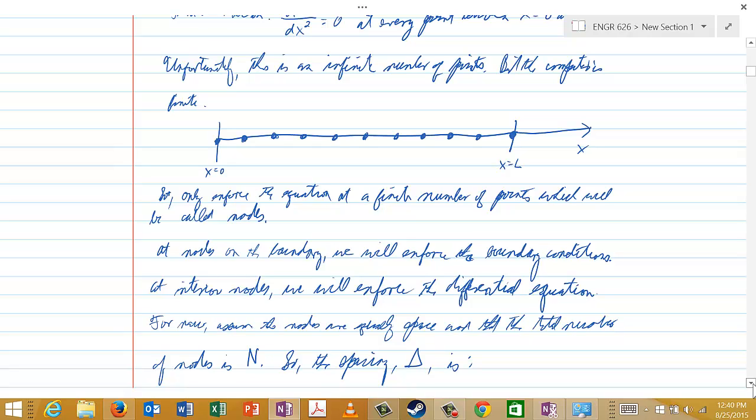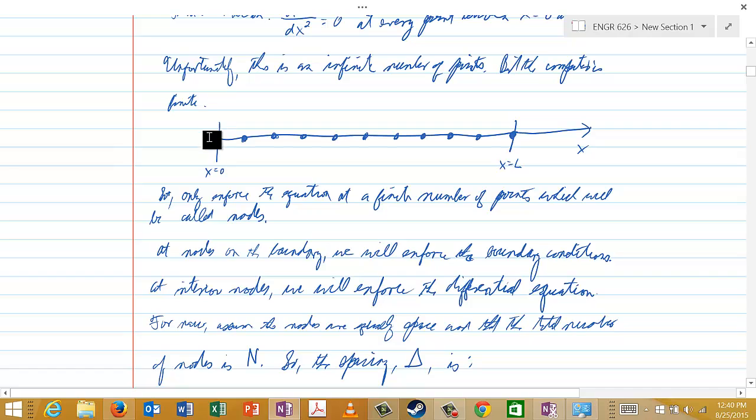So the first step of the finite difference method is to identify specific points in this region where we will try to solve for the unknown. And these points are called nodes.